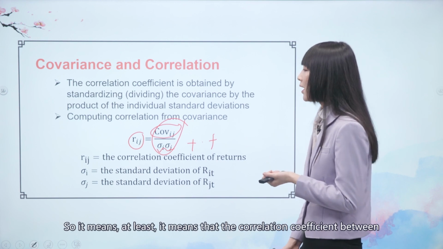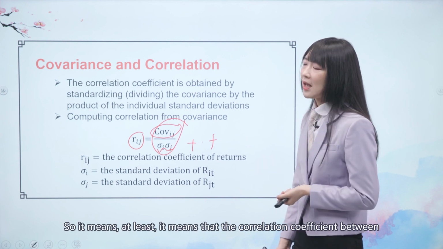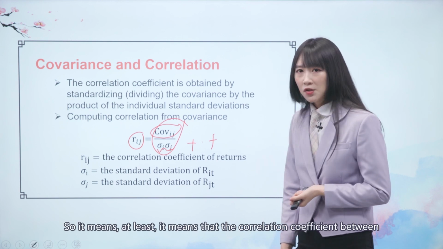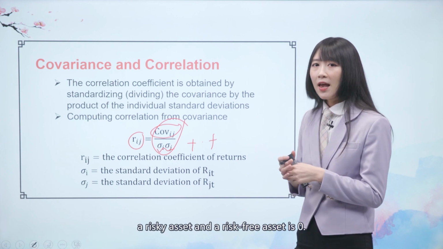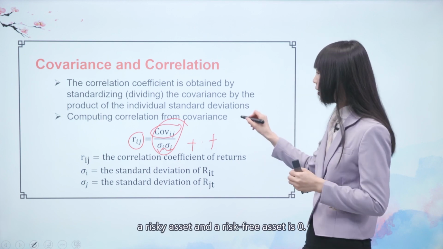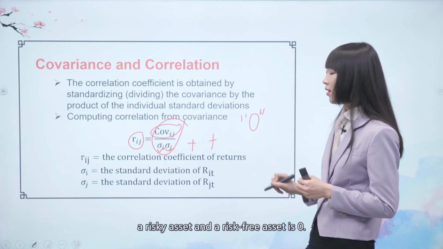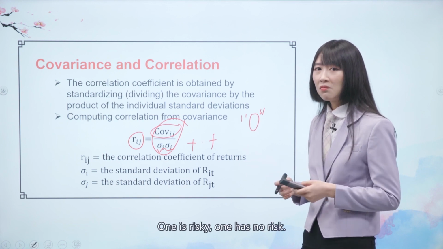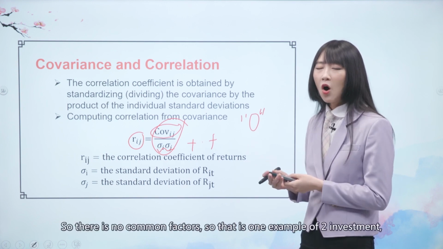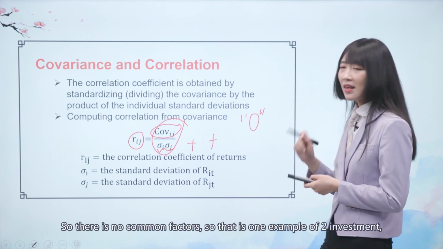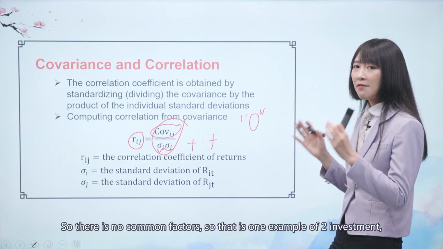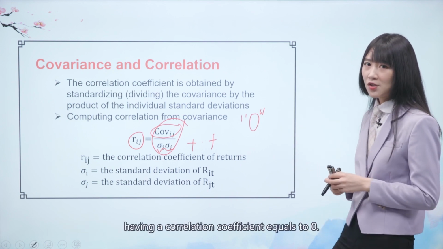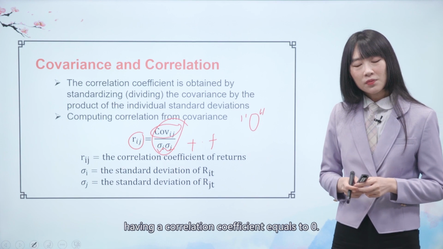So it means, at least, that the correlation coefficient between a risky asset and a risk-free asset is 0, because there is no relationship between these two. One is risky, one has no risk, so there are no common factors. That is one example of two investments having a correlation coefficient equal to 0.